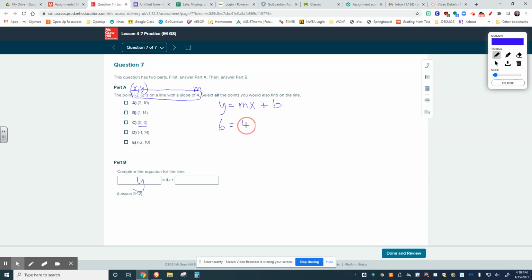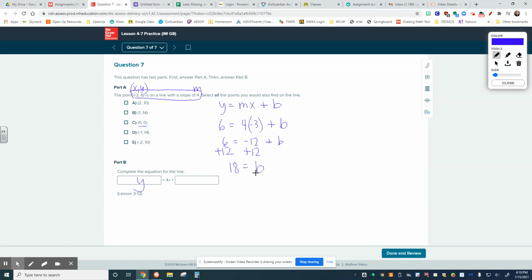I know the slope is 4. I'm going to multiply that by -3. And then whatever's left out of this is going to give me the value of b. And so when I go to work here, 6 is equal to -12 plus b. I would add the 12 here and here. And I find out that b is equal to 18.